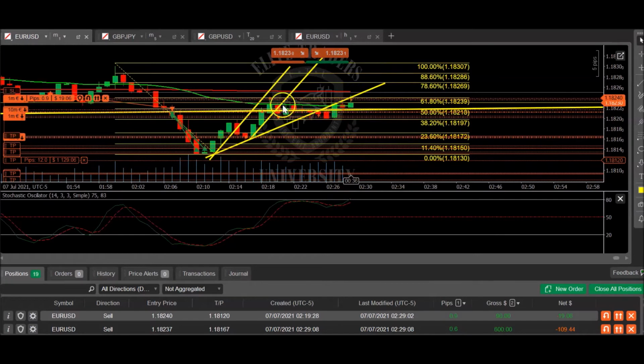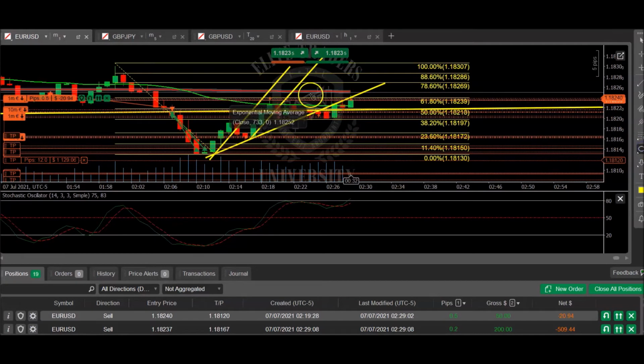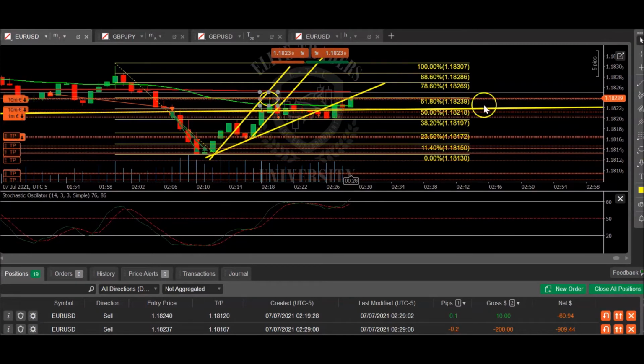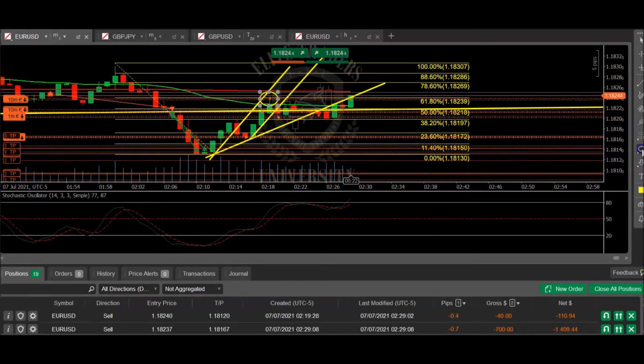So we have a wick, and I'm going to draw a circle around it so you can see where they've tried to push at that area, and trying hard. There's 21 seconds left in this candle.